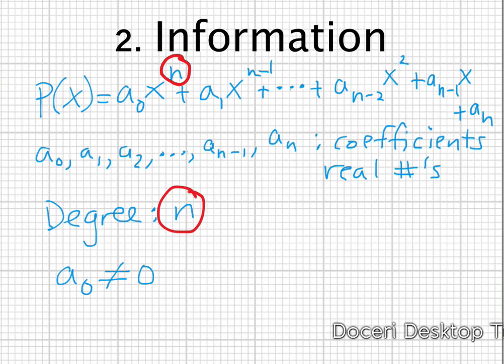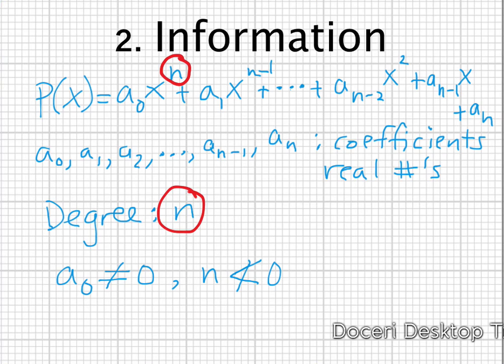If that's true, you don't have a polynomial function because you don't have a highest term. The other thing is n is not less than 0. It's non-negative, which means any of our exponents can't be negative exponents. So that's what a polynomial function is.